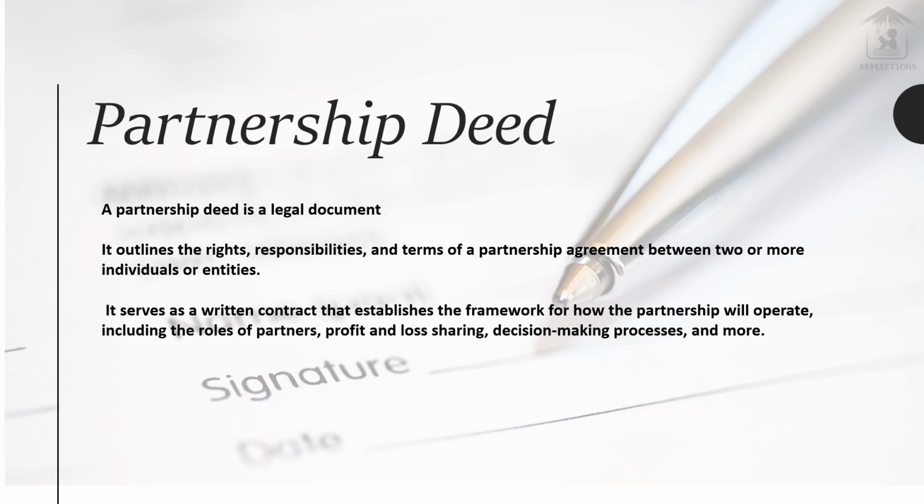It will serve as a written contract between the partners on how they're going to operate, what the roles of the partners are, what the profit sharing ratio is, and what their decision making process would be.